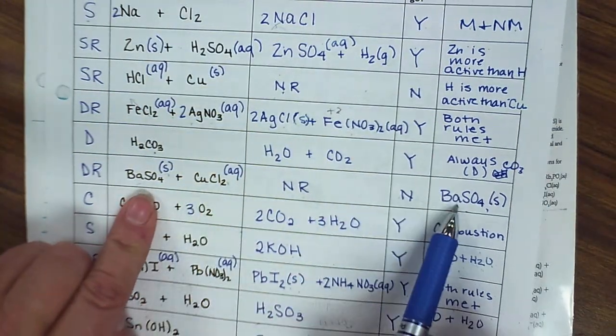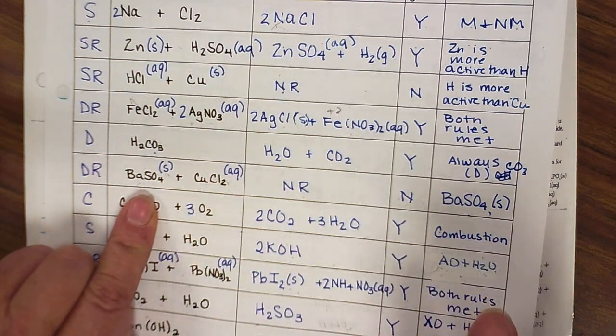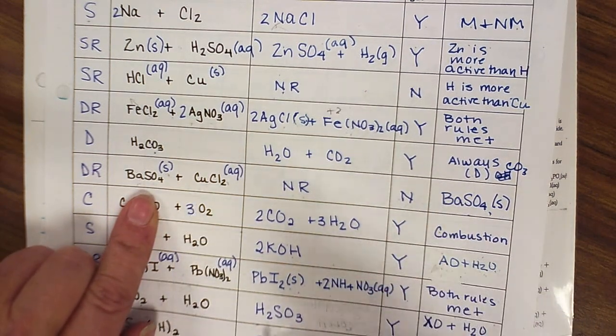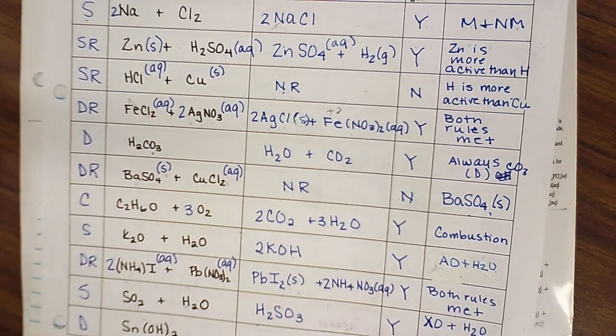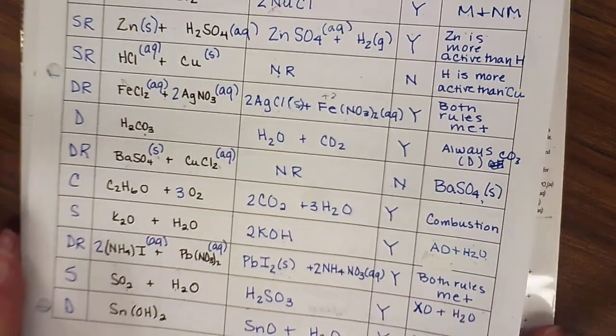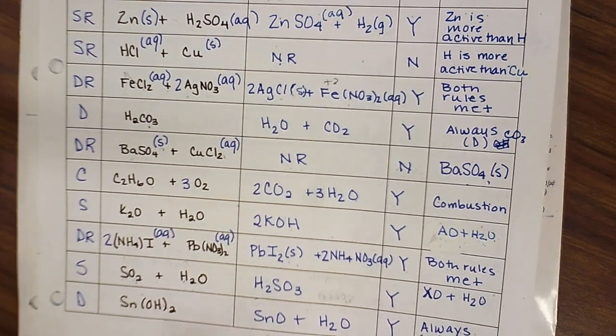If you wrote this one does not go because copper is higher than barium, that doesn't make any sense because that list is not used. You understand? So if you wrote the wrong thing, then that's a problem, okay? But there's a lot of ways to say the right thing. That's what I'm saying.